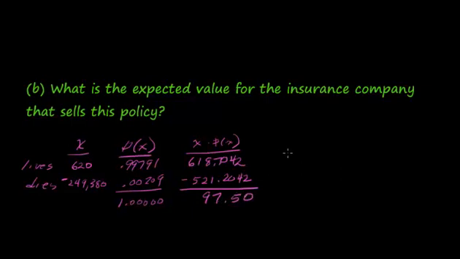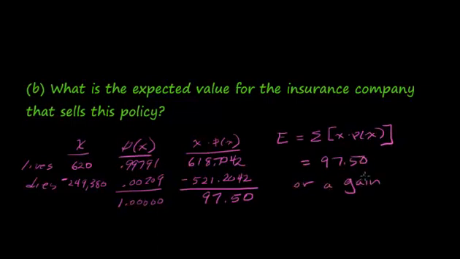So our expected value here, we would say a gain, because it's positive, of $97.50. And we expect that because the insurance company has to make money. They know that some people will die and some people will live, and in the long run they've got to end up making money.